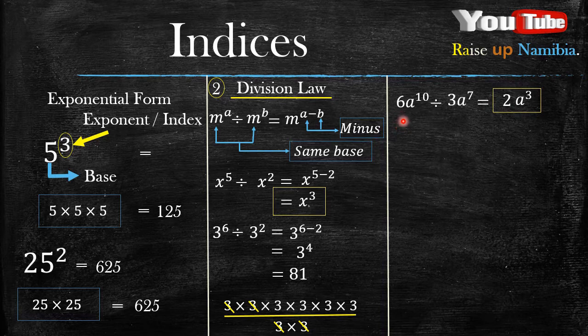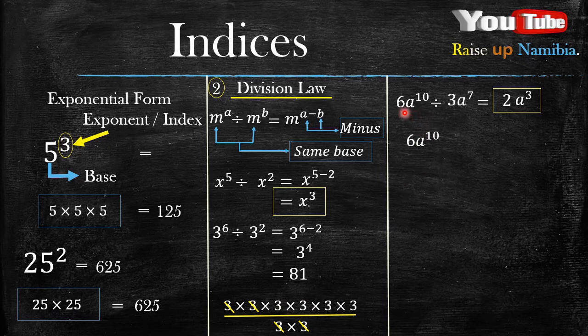The number part is 6 and 3. You can divide 6 by 3, which will give you 2. And a is the base. These two bases are the same, so you minus 10 minus 7, which will give you 3. That's why we have a to the power 3. To make this clearer, you can always write it in fraction form.